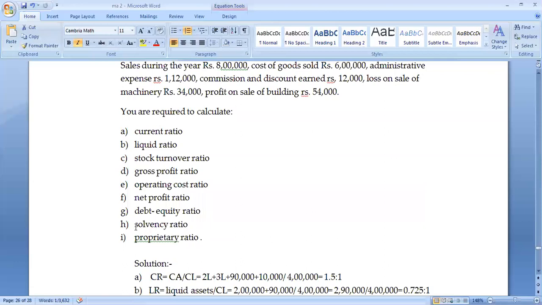Solvency is nothing but how well he is maintaining the company, whether he is able to pay off the debts properly, which is analyzed only with the help of the proprietor's fund. If the fund is more, then you can analyze that the firm is solvent in nature, that they can run for a very long period.